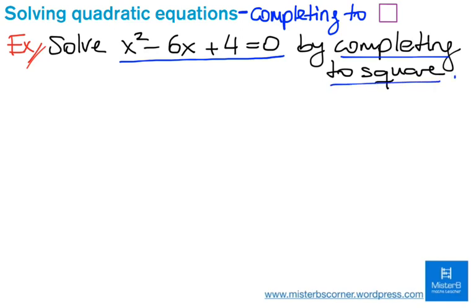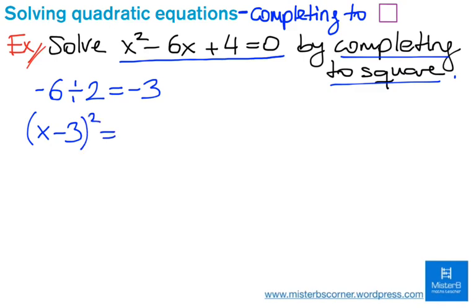Now first of all, I have to complete this expression to a square, so I start with minus 6 divided by 2. So it's minus 3. So I should focus on x minus 3 squared, which basically is x minus 3 times x minus 3.